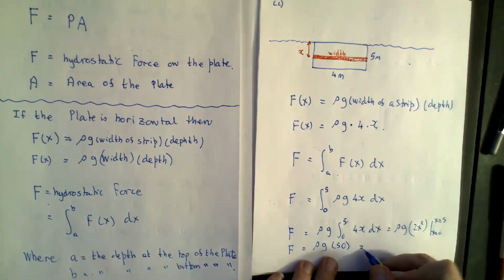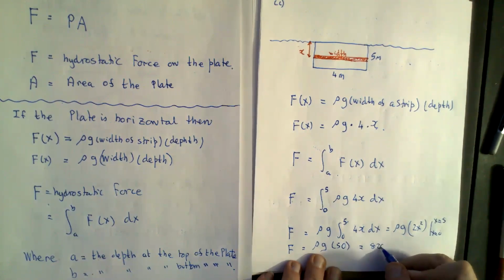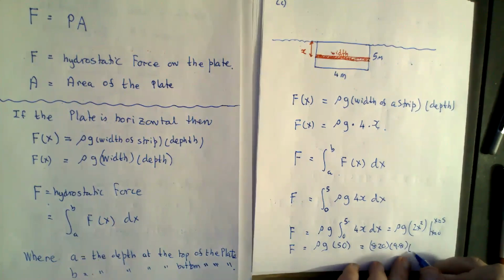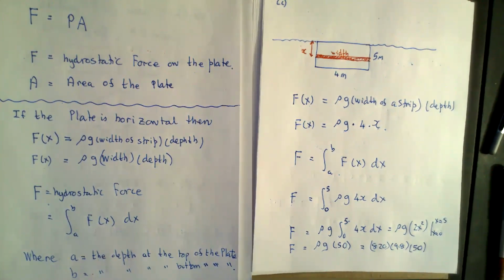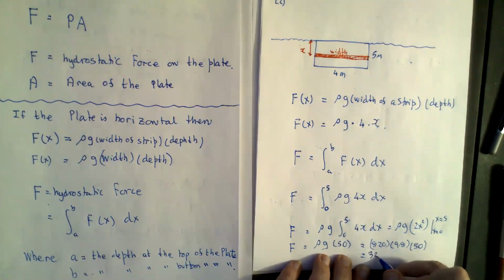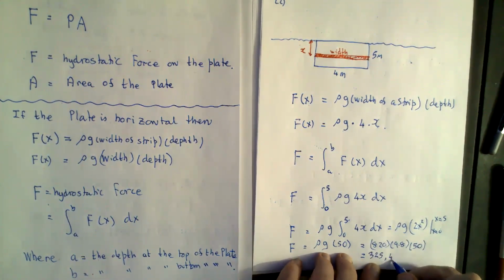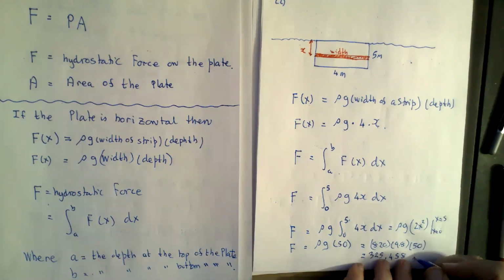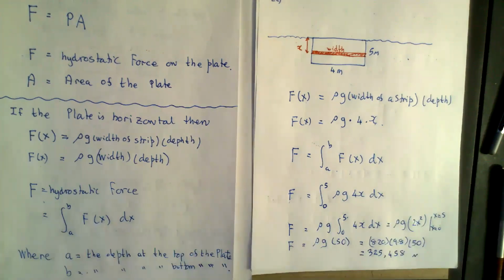Okay, time to start putting numbers in. The density is 820. Gravity is 9.8. And the integral part is 50. So you stick all that together and you will get 2,325,458? The units here are newtons. So the total force acting on one of the side panels would be this number here.